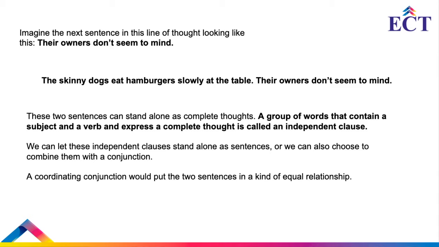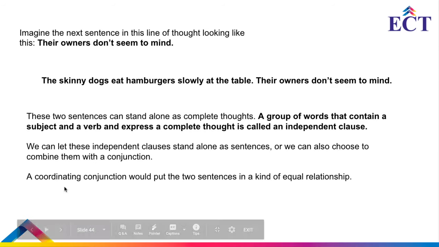As the name suggests, it's independent, right? We can let these independent clauses stand alone as sentences, or we can also choose to combine them with a conjunction. So with two independent clauses, you can either keep it simple and short as two sentences, or you can combine them using a conjunction, right?